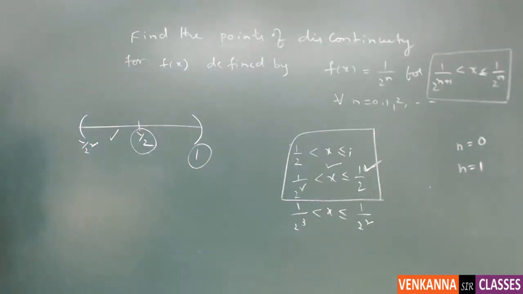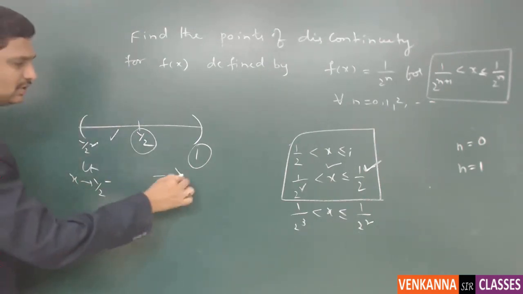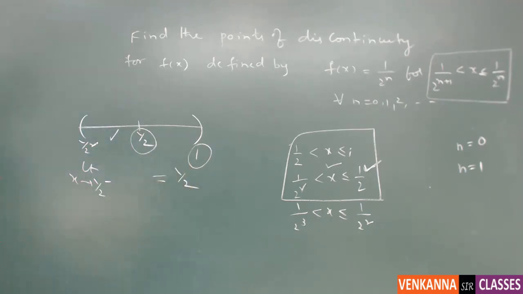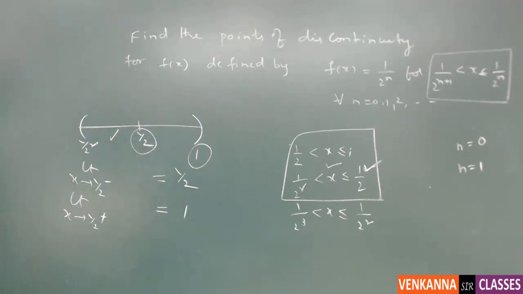Fine. So if you calculate the limit as x tends to 1/2 minus, the function value will be 1/2. If you calculate the right limit, the limit as x tends to 1/2 plus of f(x), its value will be 1. Agreed?